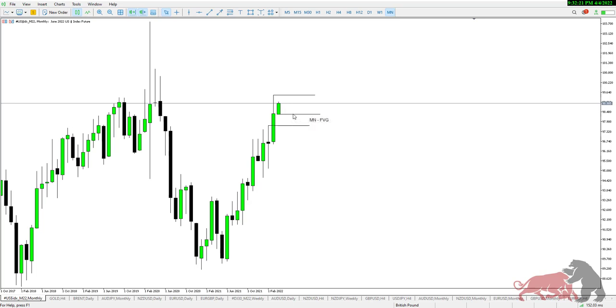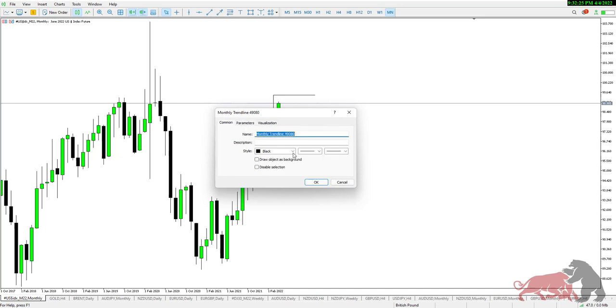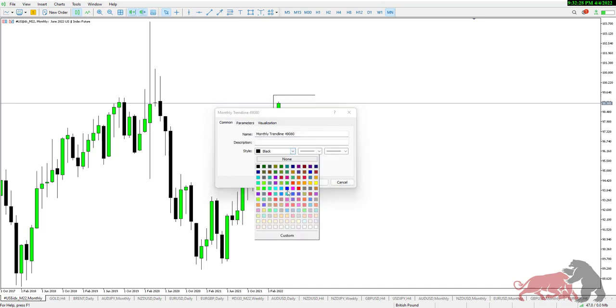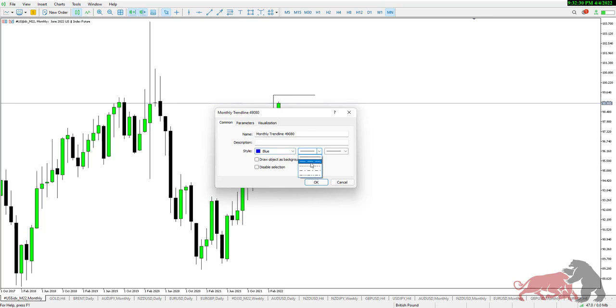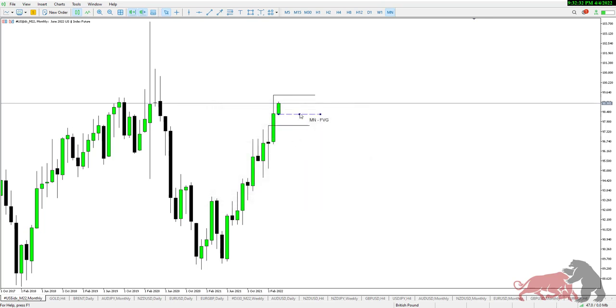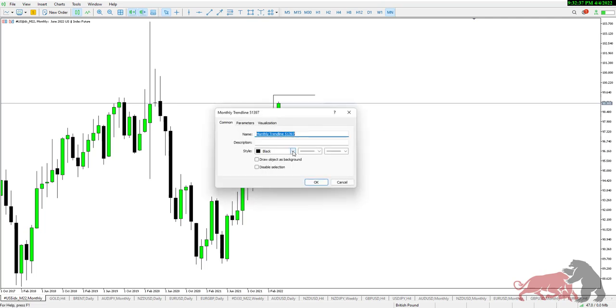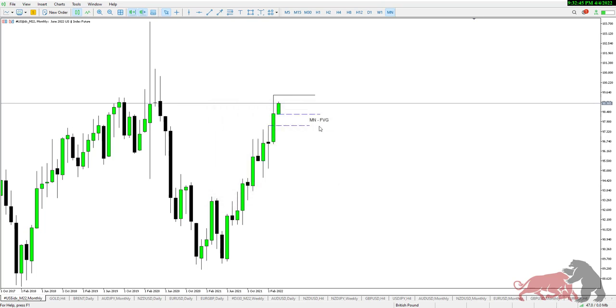You must also try to do the same on your charts so that you know exactly what we are talking about. I'm going to use a blue dotted line to resemble my monthly fair value gap. Sorry about that. So that when we go to lower time frames, we will know already that price is in between the fair value gap.